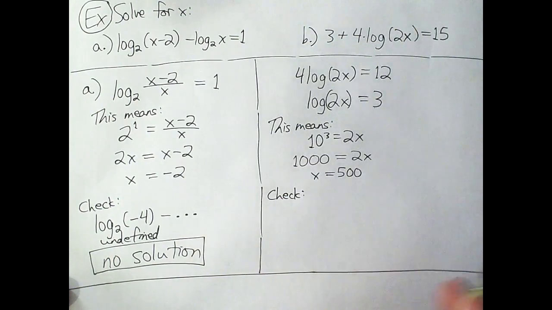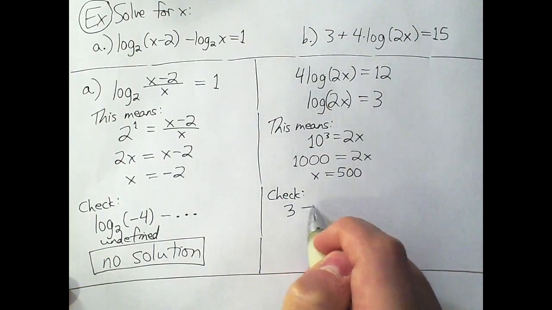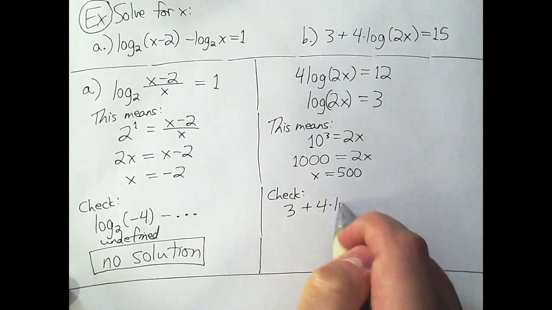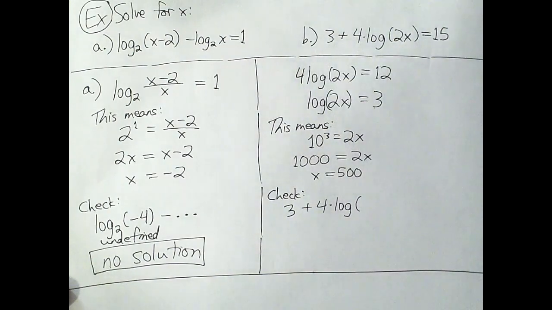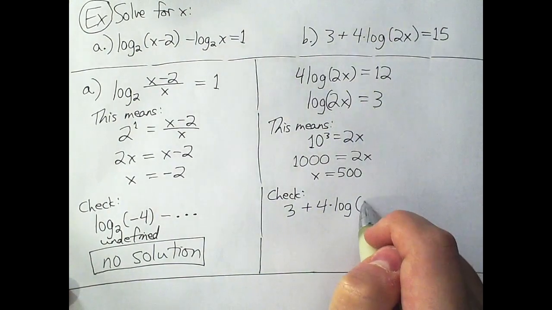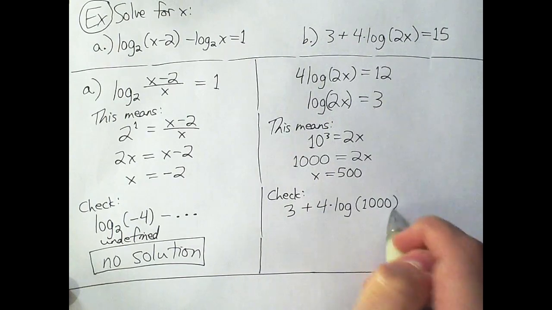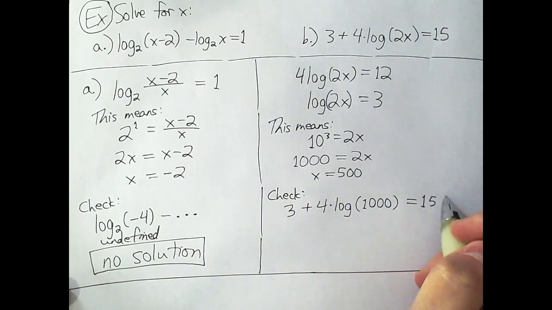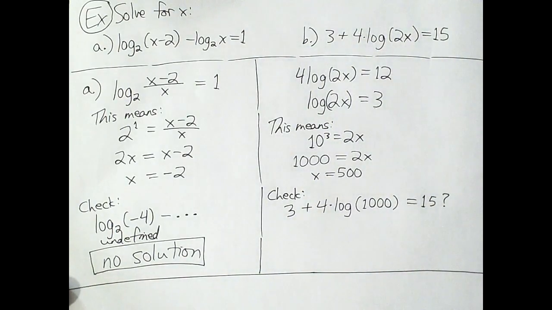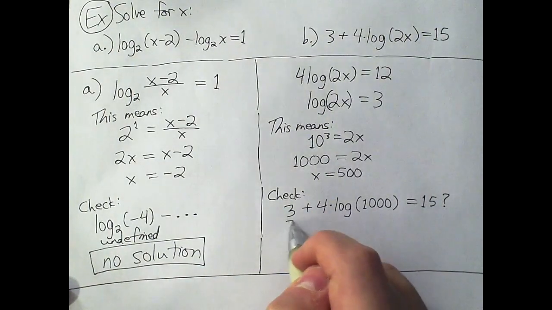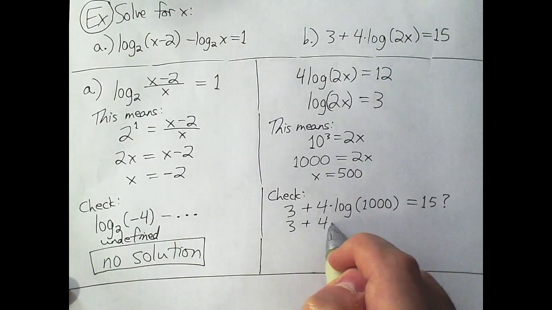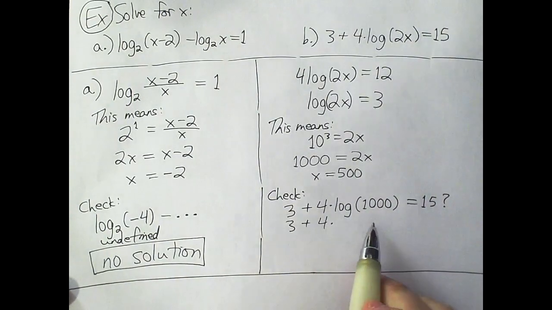In the original problem, does 500 work out? So 3 plus 4 times log of... When I put 500 in, this is going to be 1,000. So does this equal 15? Three plus 4 times log of 1,000. We know what that is, right?